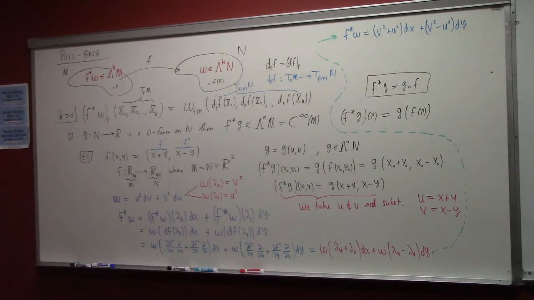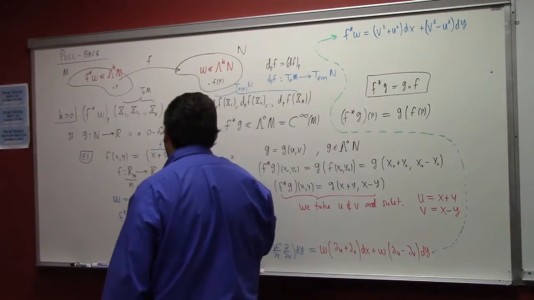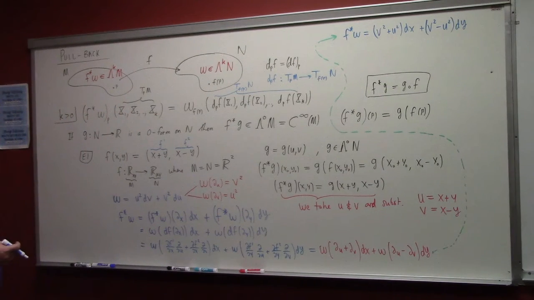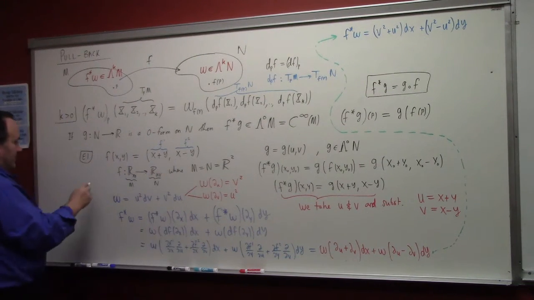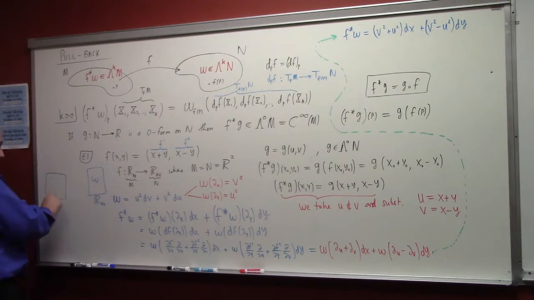But what are u and v as they relate to x and y? I mean, technically I should be getting a formula with just x's and y's in it at the end of the day, because I'm pulling back omega, the one-form, from our UV space back to our XY space.